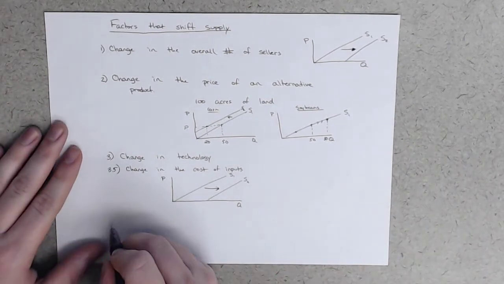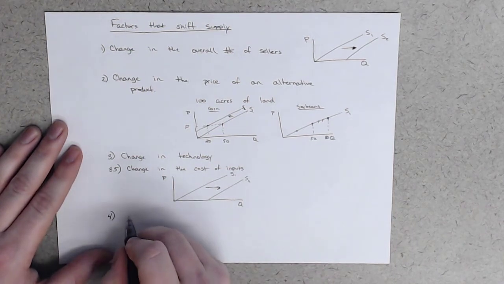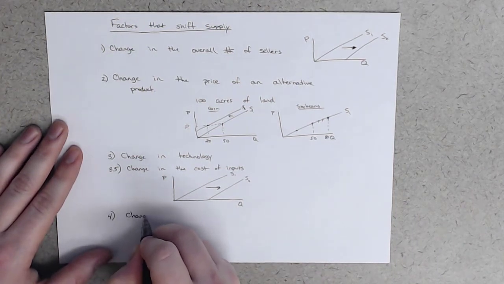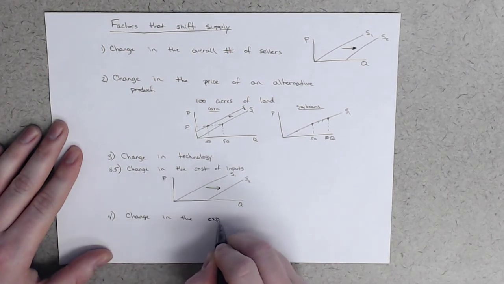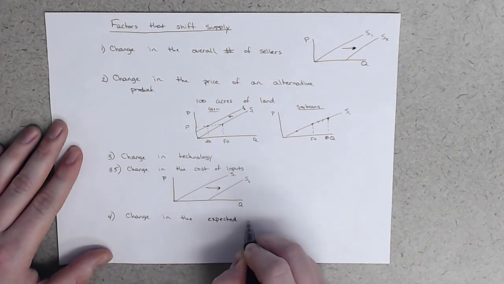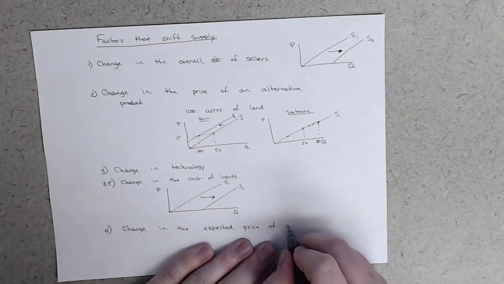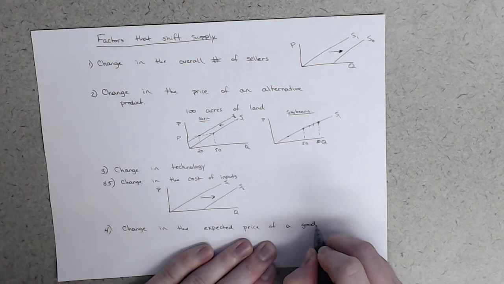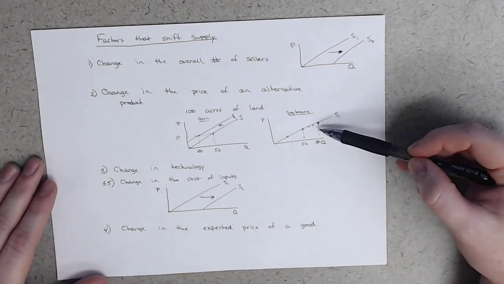Okay? And number 4, the last factor, is a change in the expected price of a good, which really works a lot like reason number 2.